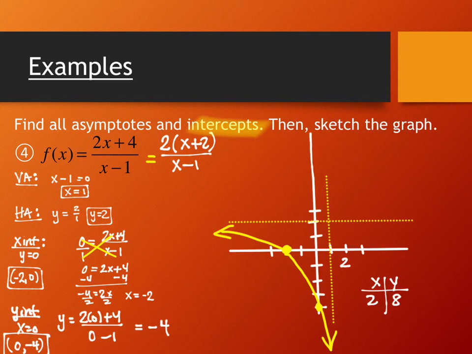So let me extend my graph a little bit, but I'm at 3, 4, 5, 6, 7, 8, thereabouts. And plot right there, lining up right. And again, it will swoop down. We will extend our vertical asymptote up, and it will continue on up through that particular point towards the asymptote.